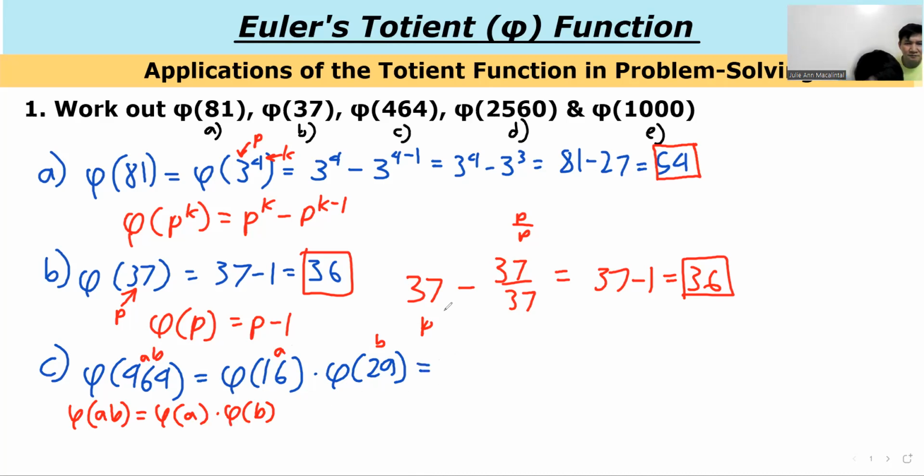Now we end up with a situation similar to A and B, but both of those situations occur. Phi of 16 is the totient of a perfect power of a prime, since 16 is 2 to the 4. The second is phi of 29, and 29 is a prime itself. So we're using both formulas.